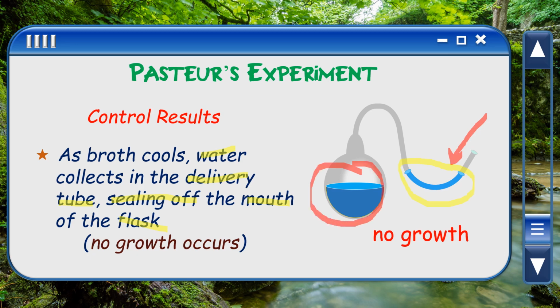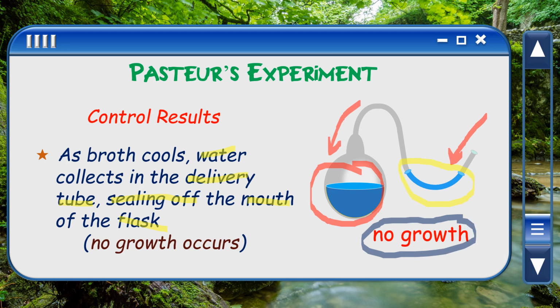Therefore the conditions inside the flask were sterile. And what he found out was that there wasn't any growth of any organism in the broth.